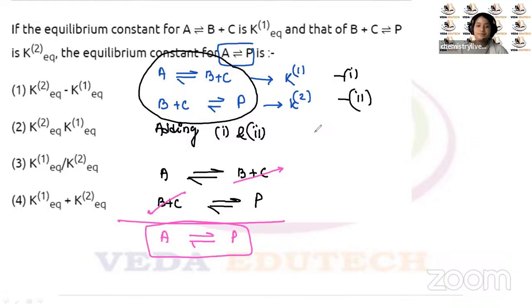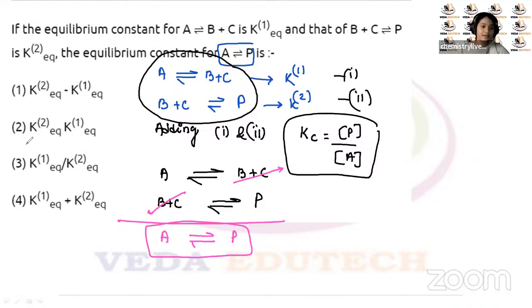Now, if I want the equilibrium constant Kc, it will be concentration of P by concentration of A. This is what I want, right? So how can we get this from 1 and 2?